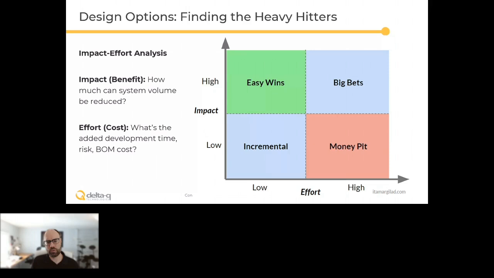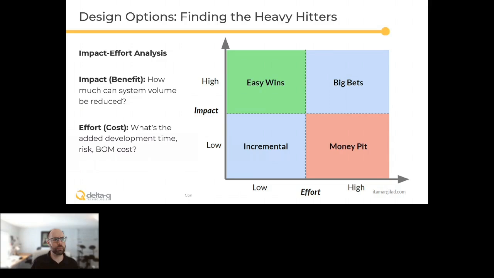In practice, many things are going to fall into that sort of incremental through big bets. Maybe big bets is a good place for long-term research. And in the incremental, maybe there are lots of small things you can do that will add up to a significant change.